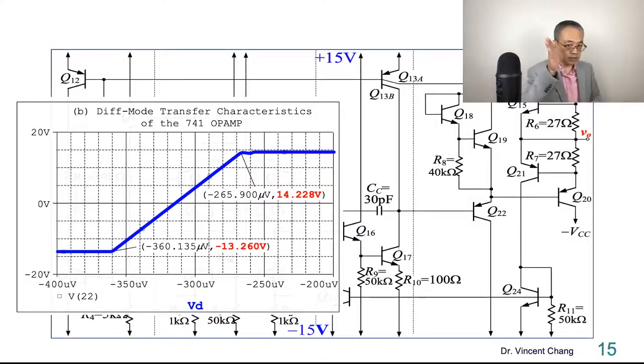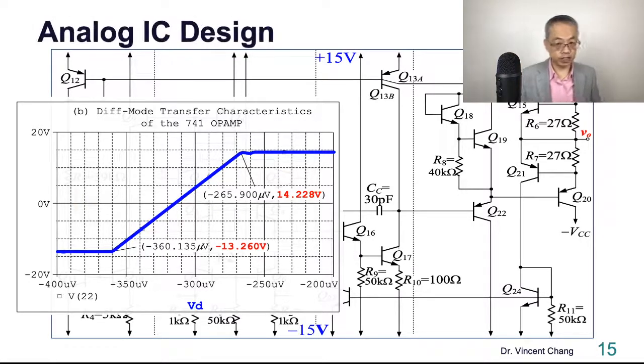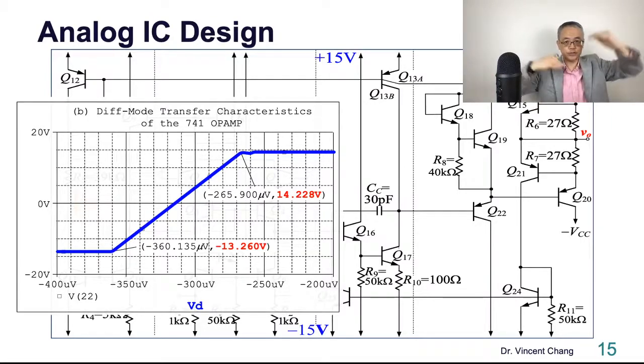So this is the simulated result for this internally compensated integrated circuit operational amplifier. There are only one or two learning objectives, the major takeaways. The first, linear region, saturation region.